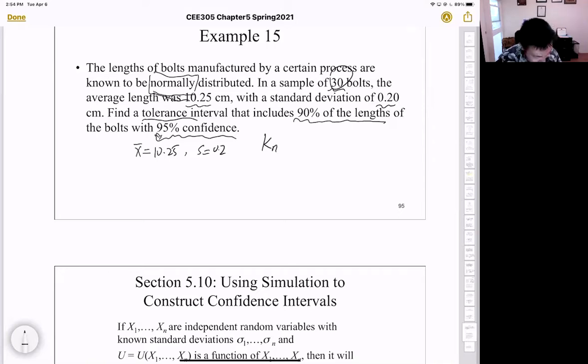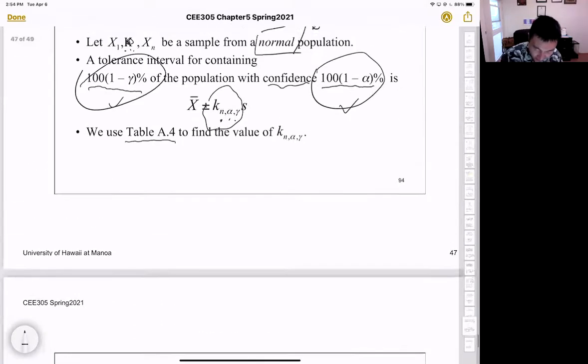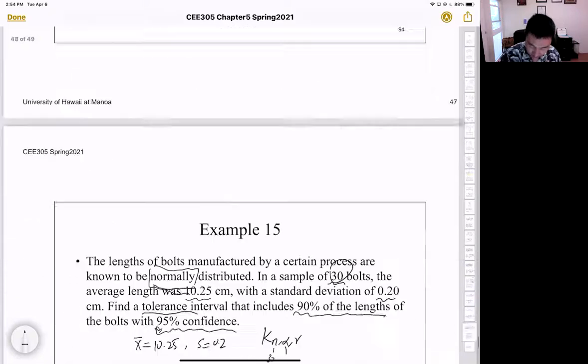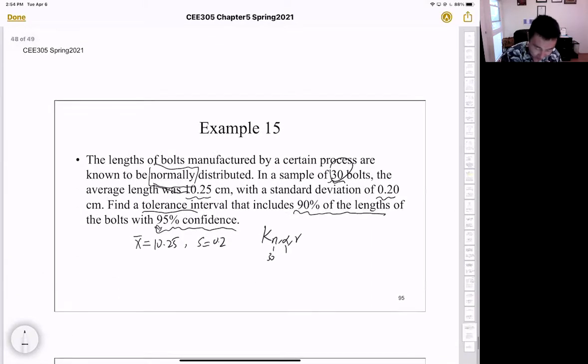Then the key values n, alpha, and gamma. For n, it is 30. For alpha, alpha is here, depending on the confidence level. The confidence level is 95%, so alpha will be 0.05. Okay, so 100 minus 95 is 5%.